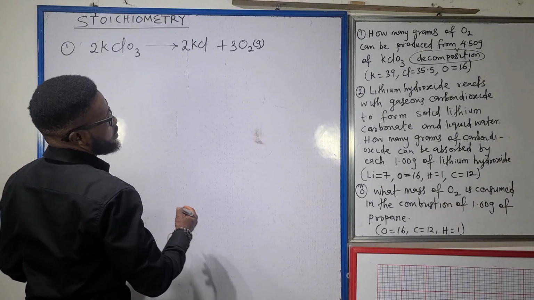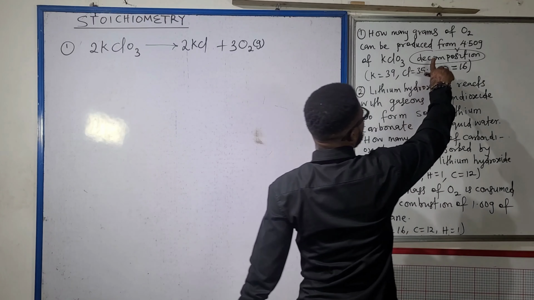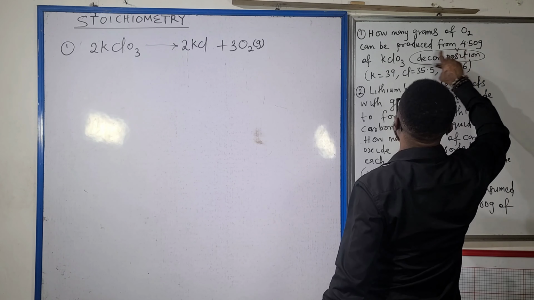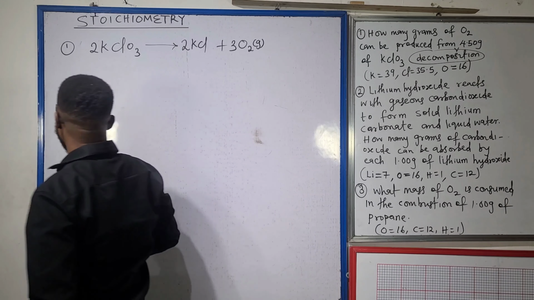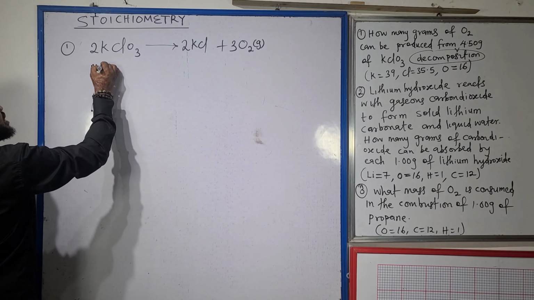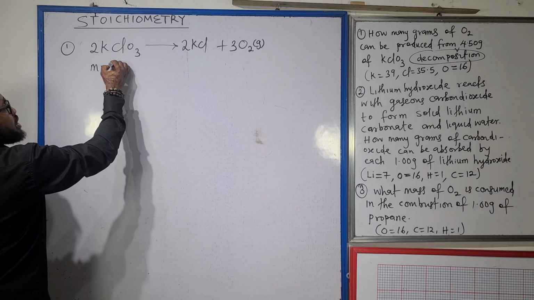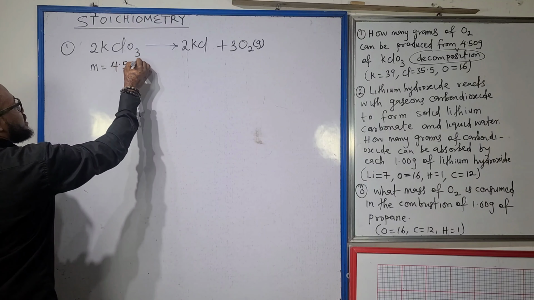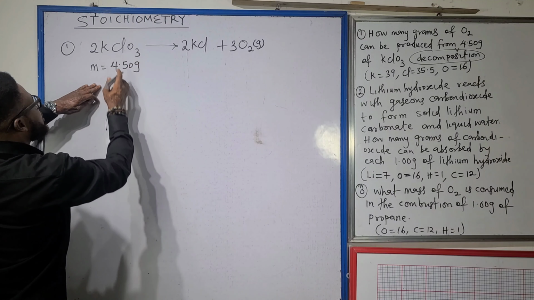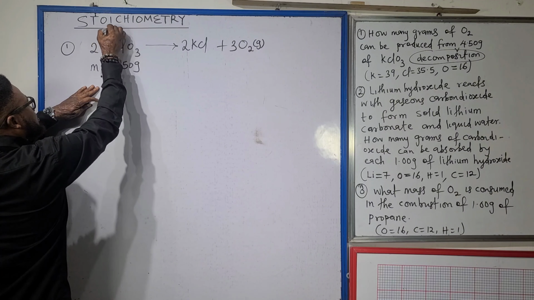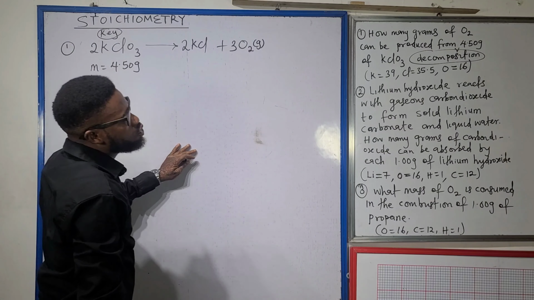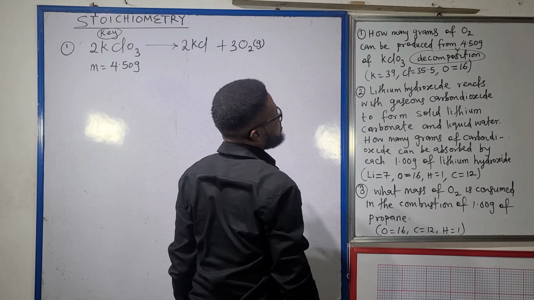Of course, when you look at things from 4.50 gram of potassium trioxochlorate(V), what that means is that I am being given the mass of potassium trioxochlorate(V) as 4.50 gram. So that ultimately makes this my key. And I'm now told to look for the grams of oxygen.